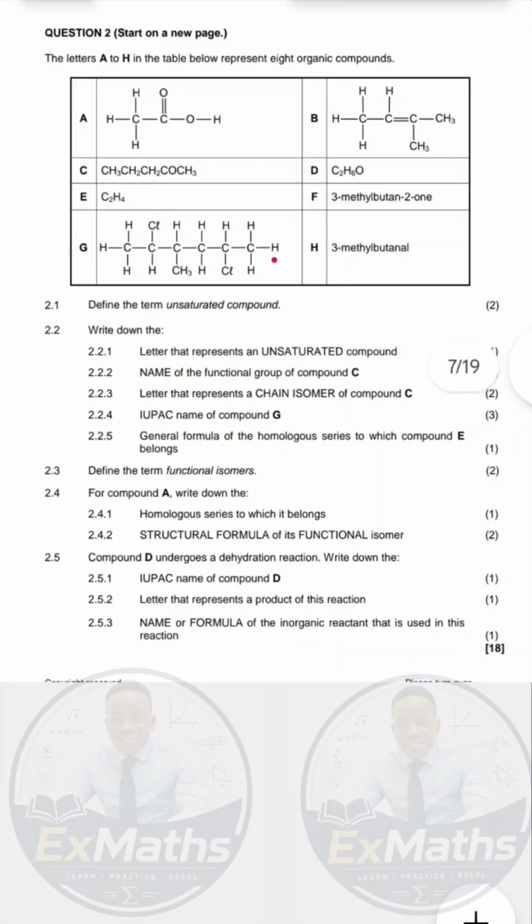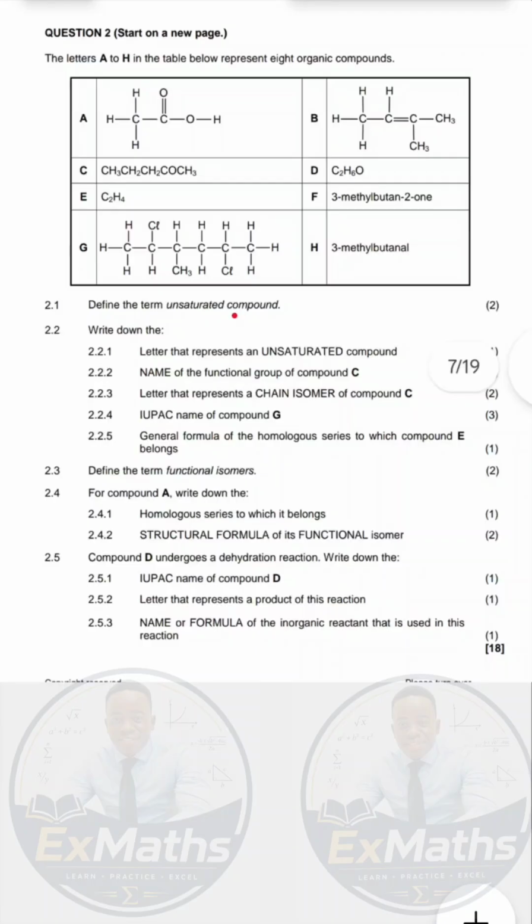So this is an alkane, but it has the halogens. So this is going to form a haloalkane. Then H is 3-methylbutanal. We know that aldehydes, they end with the suffix -al. So that's an aldehyde. So now let's go and answer the questions that follow.